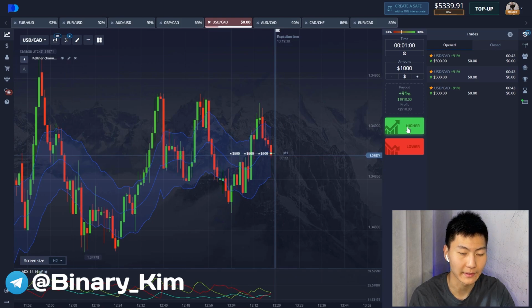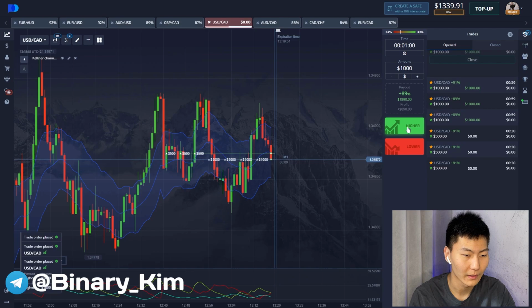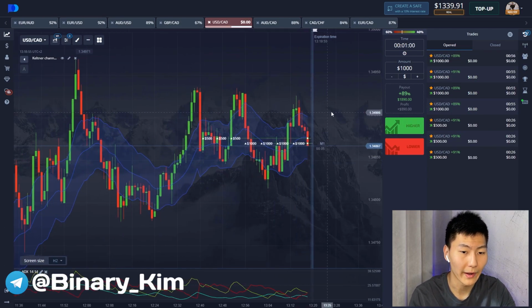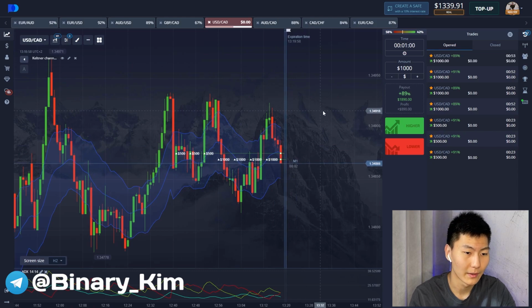So let's wait a little bit, 30 seconds on the timer. And we open a $4,000 long position, quite an intense moment, but I'm expecting to see the breakout anyway.